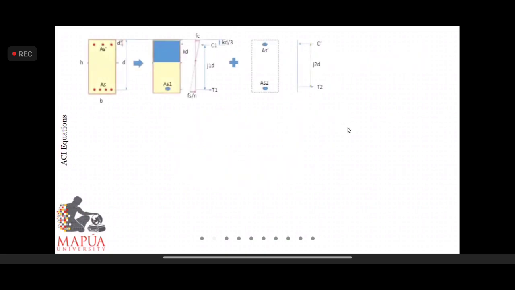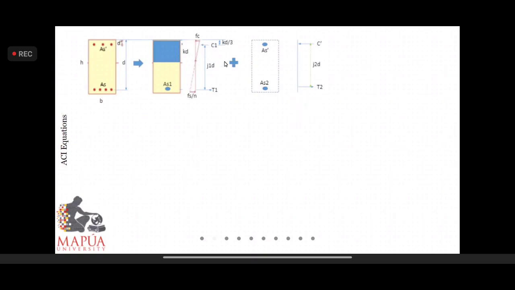In considering the ACI equation, we will be guided by the principle of the governing setup for the compression steel bars and the tension bars, and also the governing setup for the concrete compression, and the part of the steel that will be considered as the As1 and this one as As2 respectively.